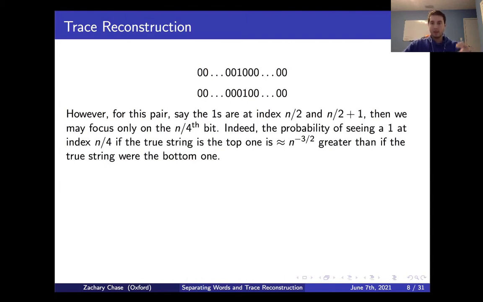So we see all these traces, we just look at the n/4th bit, and we count the proportion of the traces that have a 1 there. The probability, if it was the top string, would differ from the probability if it was the bottom string additively by at least n⁻³. So that means that n³ traces suffice.